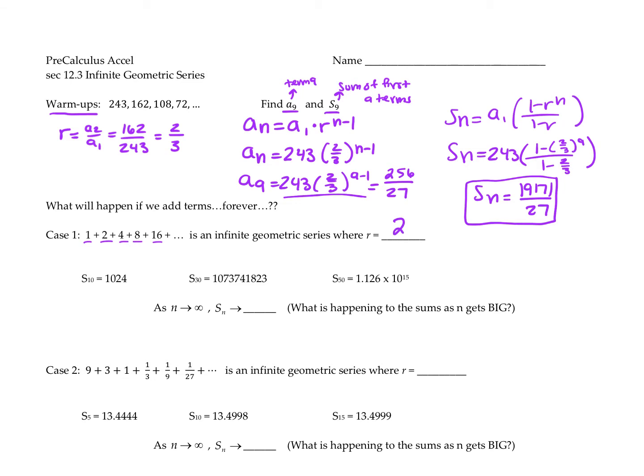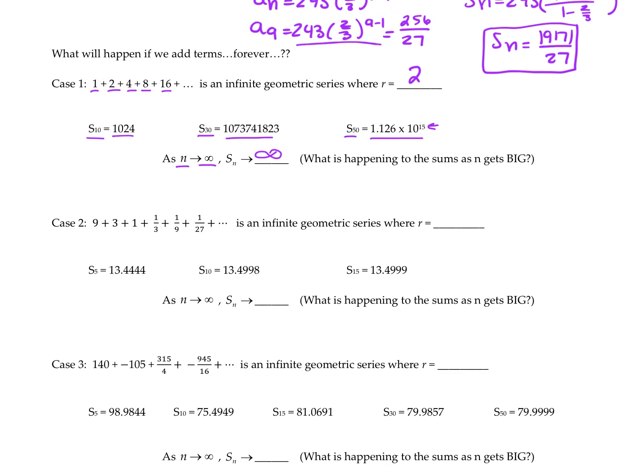So if I found the sum of the first 10 terms, that'd be about 1,024. The first 30 terms gets really big. The first 50 terms, it gets super big. So this sum, as I go towards infinity, is actually summing towards infinity. So that means really there's no way for me to find the sum because the sum is just going to add to infinity.